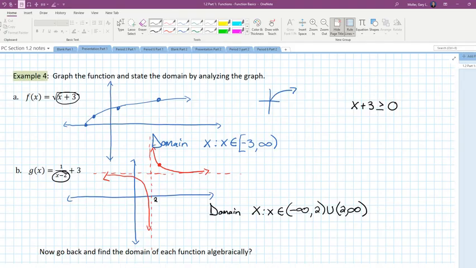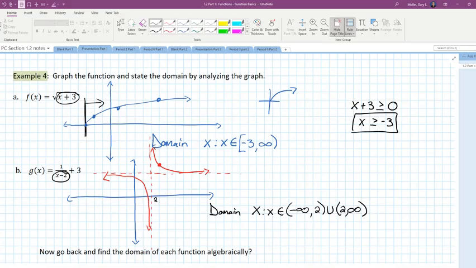X plus 3 cannot be a negative, so it has to be bigger than or equal to 0. Solve it, and of course I get x is greater than or equal to -3. So what is that telling us? Any number I use of x that's bigger than or equal to -3 should be fine. And so that is my domain. And that is exactly what the graph shows, right? We start at -3, and we're going this direction. Everything bigger than -3.